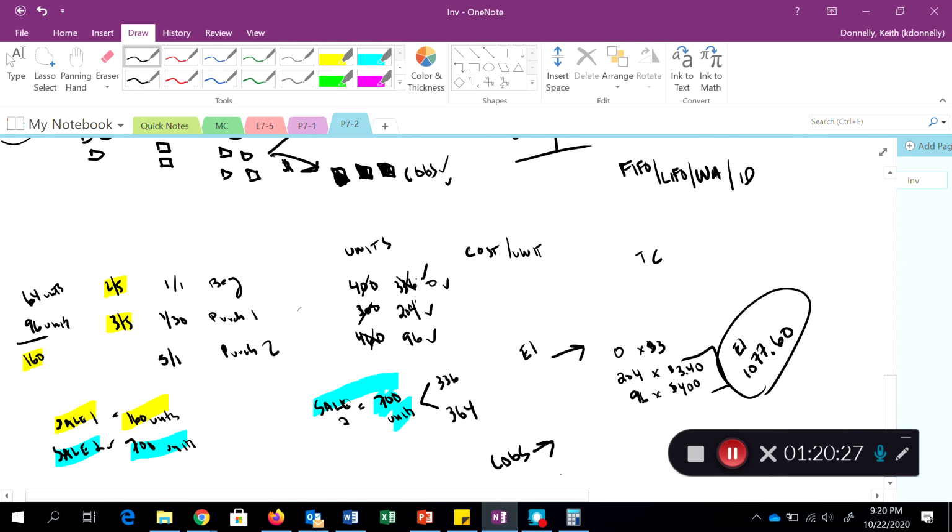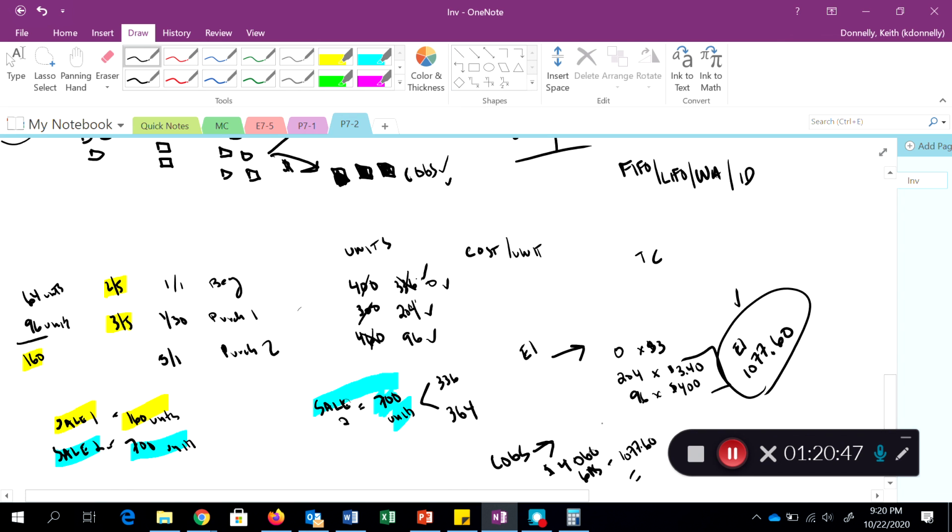What we then do to solve for cost of goods sold is we take our 4060, the dollar amount, our goods available for sale, minus our ending inventory of 1,077.60.